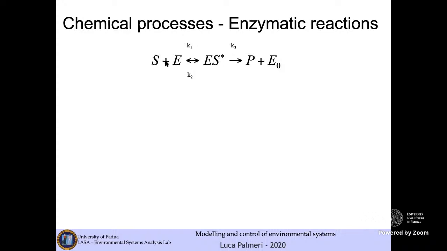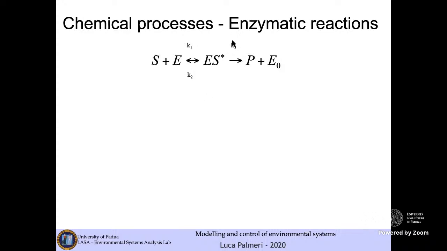This is a two-way reaction, so as soon as you have an activated complex, the complex may be deactivated, so that there may be a splitting from ES star to S plus E, with the reverse reaction described by the second equilibrium constant K2.